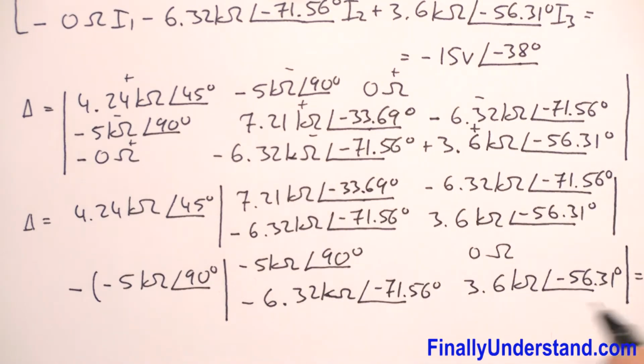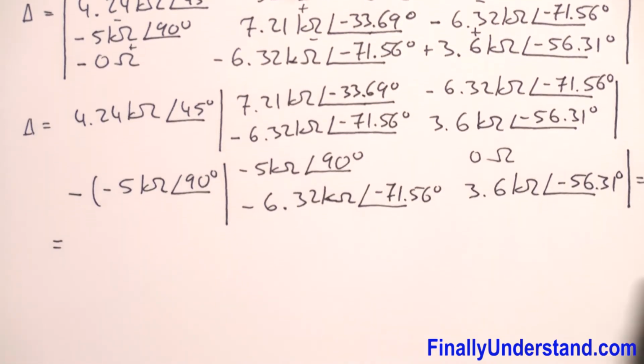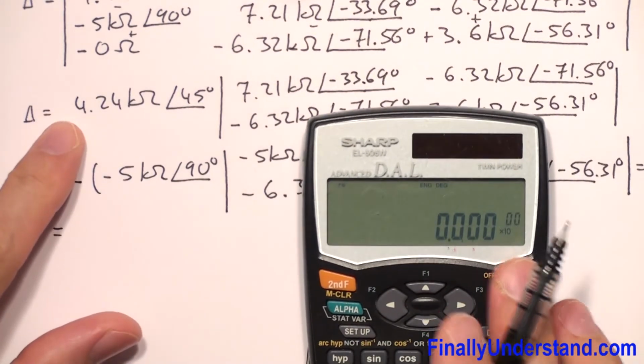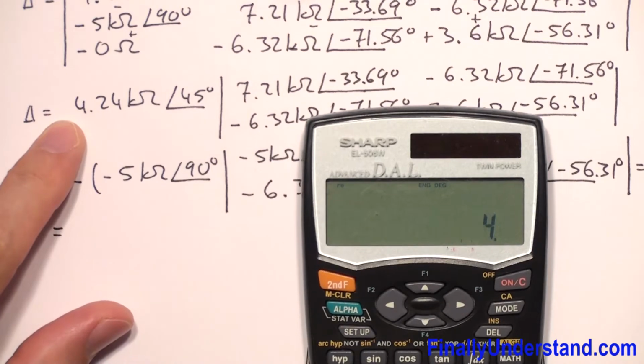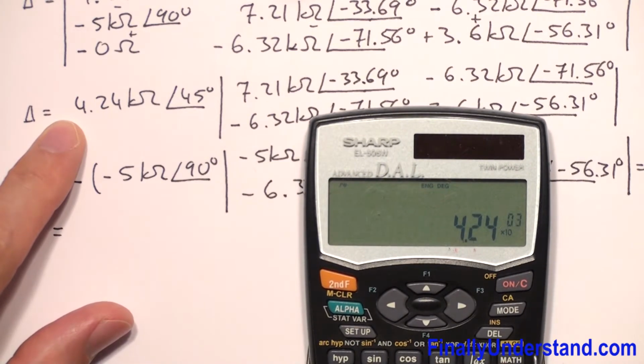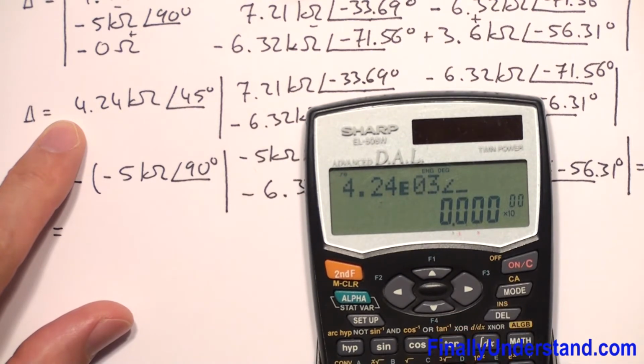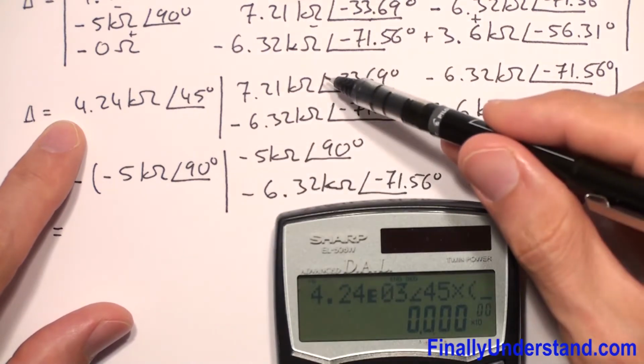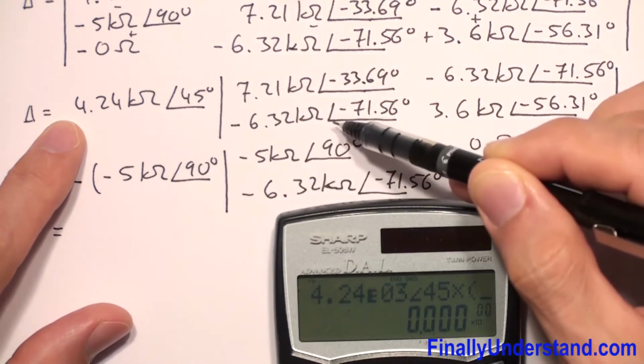So I'm supposed to just use my calculator to solve whatever we have got so far. So we have 4.24 exponent 3 angle of 45 degrees times open parenthesis, okay, and we have to multiply this times this minus this times that.